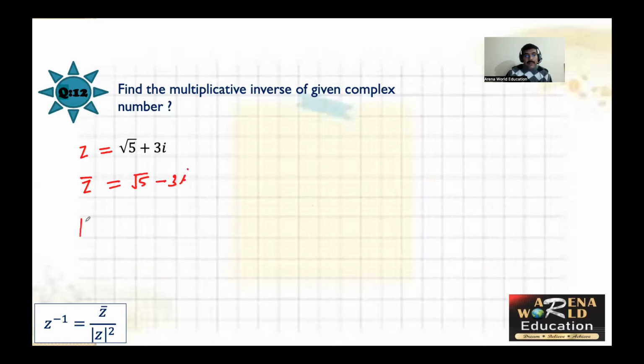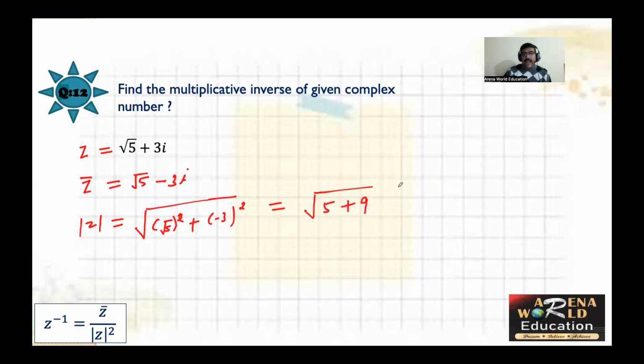Now coming to the next part, modulus Z. Modulus Z will be under root 5 square plus minus 3 square, right? So this will be 5, and minus 3 into minus 3 will be 9. So this will be root 14, right?